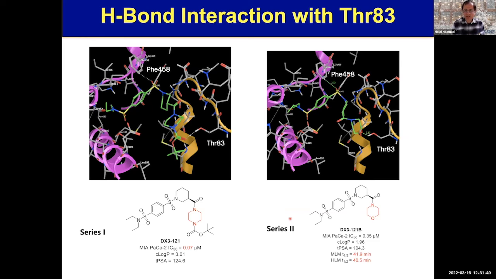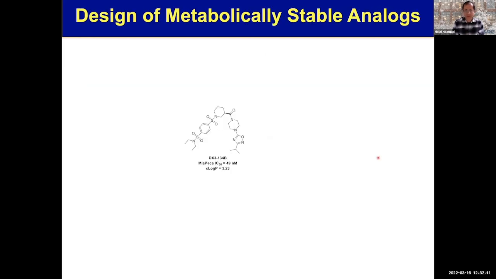I'm not going to tell you about the target itself, but I can tell you we know exactly which part of the molecule binds to its target, and all the hydrogen bond interactions. So using structure-based drug design, we have designed 200 analogs trying to make compounds with a better metabolic profile and also higher potency. That's what I will be showing in the next few slides.